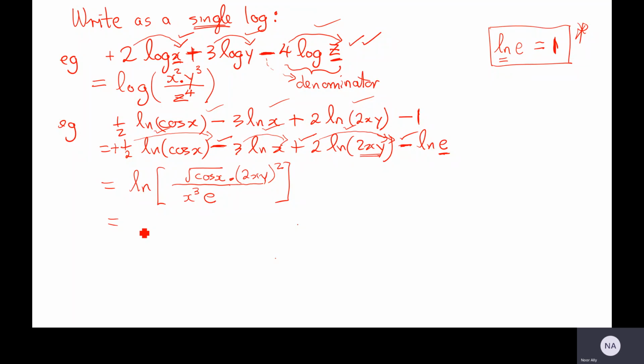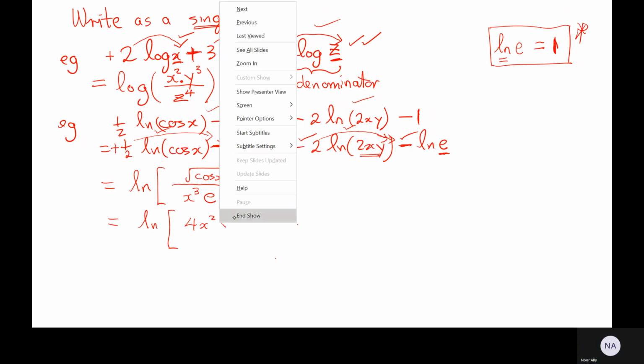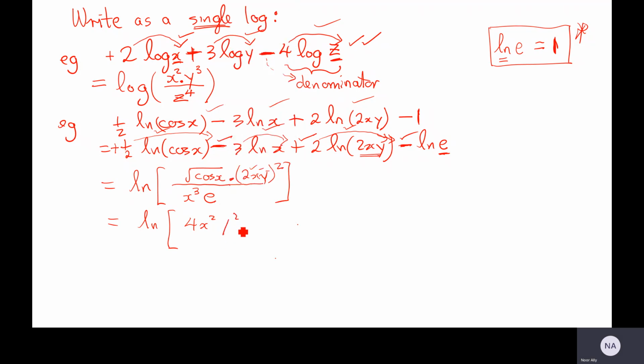If you want to write it in another way where I just have to square all of these, and I can square because this is all multiplication, I'll get 4x squared y squared square root of cos x, divided by x cubed, and of course I can simplify further.